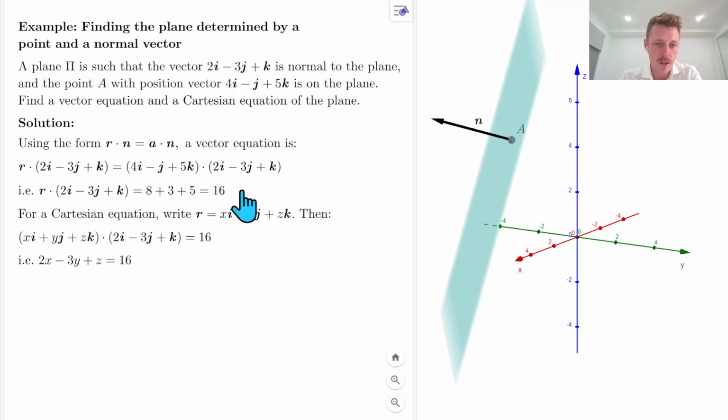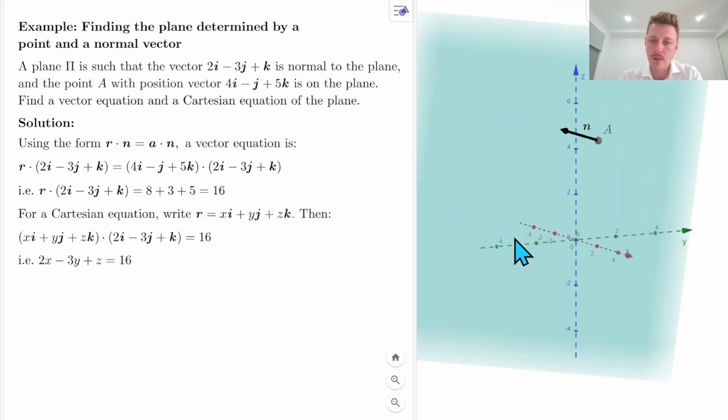So we know that the right-hand side is equal to 16. And the left-hand side just remains as this vector r dotted with 2i minus 3j plus k. So that's it in the vector equation form of this plane.